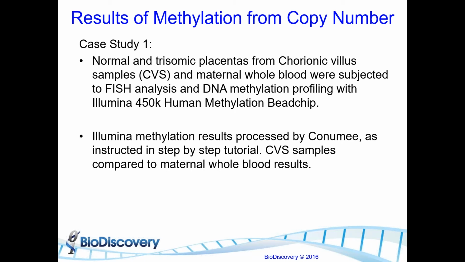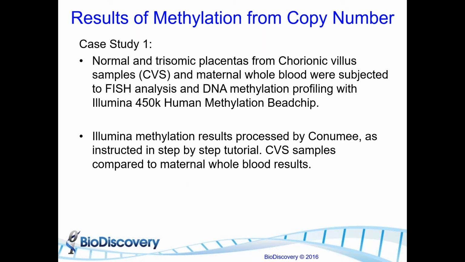The normal placenta is going to be a tissue-matched reference, while the whole blood is not tissue-matched. I found that when I used either set or both sets together, so either 12 normal, 12 maternal whole blood, or all 24 normals, I had the same output result for our trisomic placentas. So I'm showing you the results today of the comparison with just the maternal whole blood.